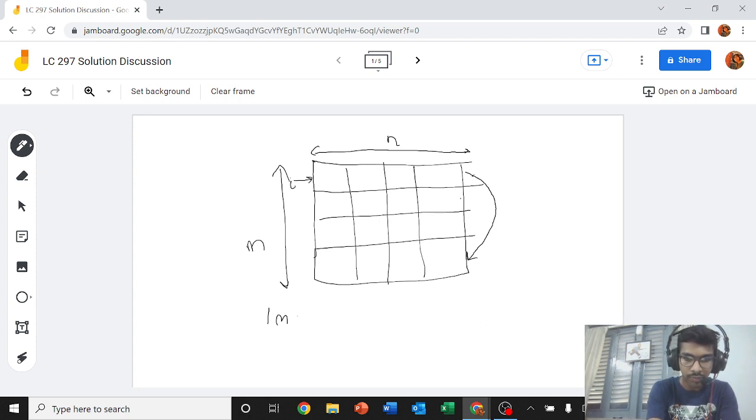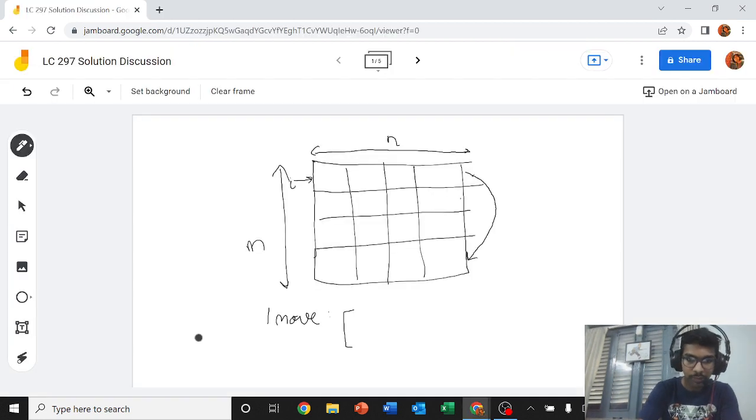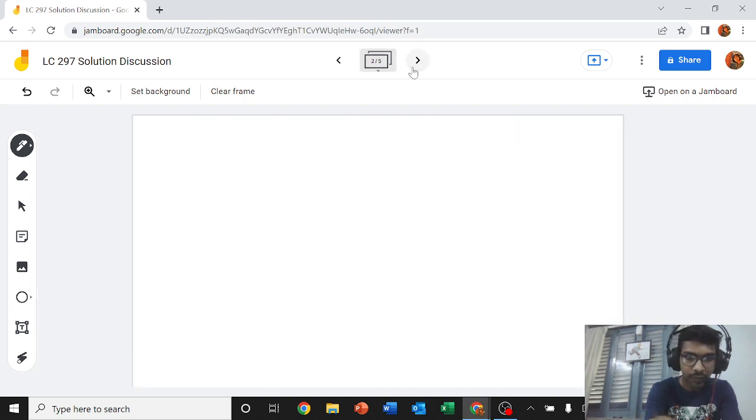That particular move is defined by, I'm just telling it to you. Let me move on to the next page. We have this matrix and say we are at this particular position, so we can either move here or here or here.